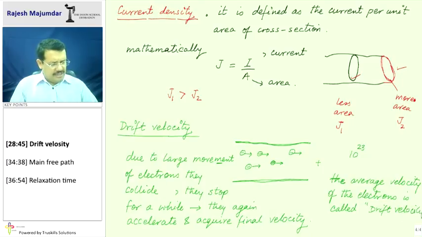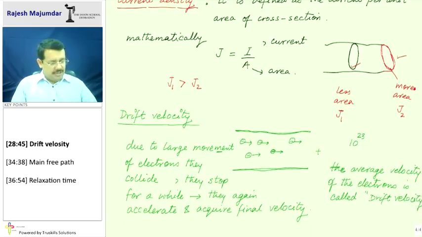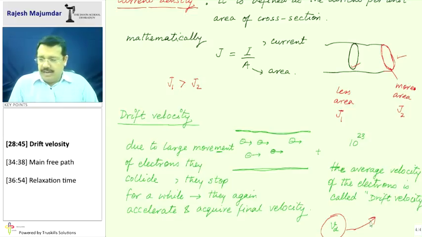It is just a velocity, but it is named as such, a drift velocity, and it is denoted by V with a small suffix over here as D. So Vd is known as the drift velocity. So this is something which I think you must be able to understand, that what is the meaning of drift velocity. And there is another very interesting concept related to the drift velocity.